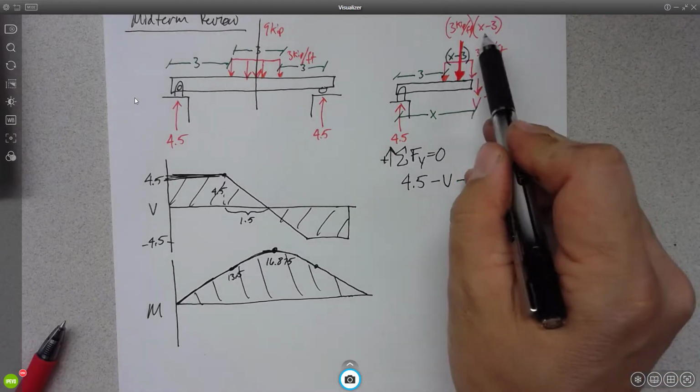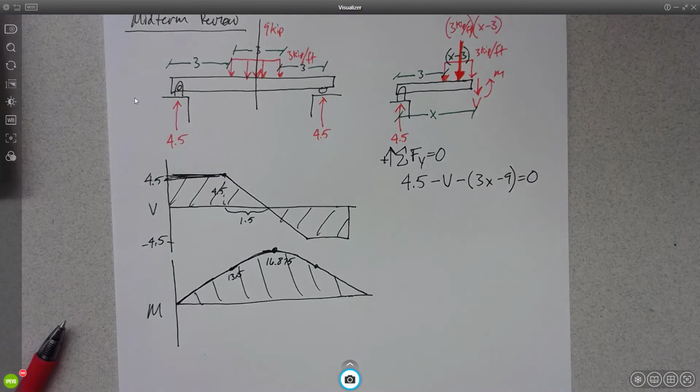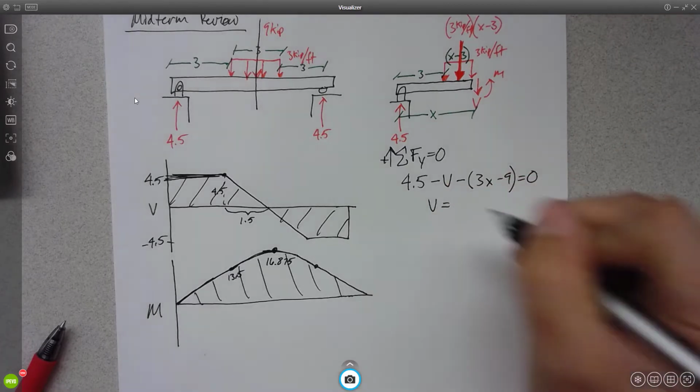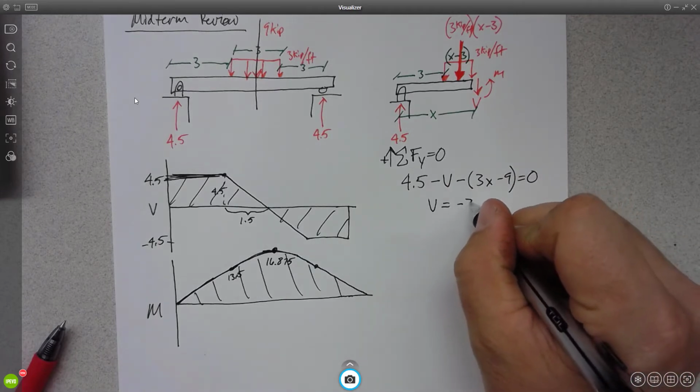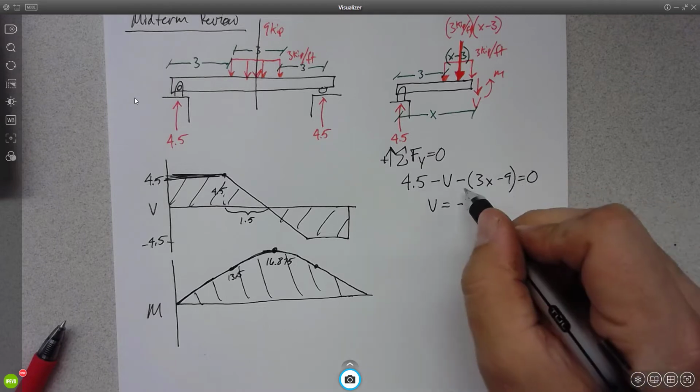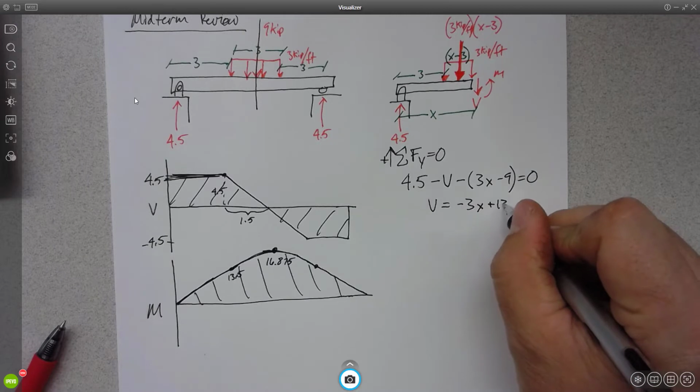I'm just distributing this out. 3x minus 9 equals 0. So we could say that V is equal to minus 3x plus 13.5.